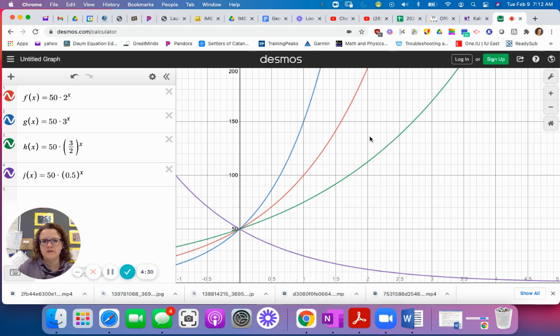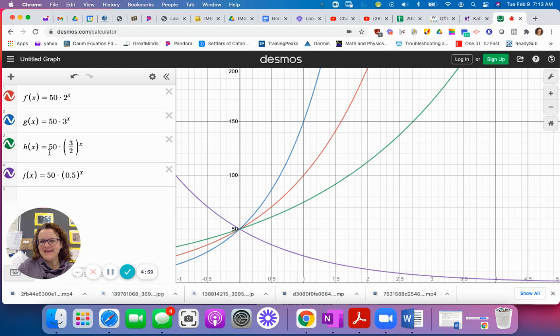At 2 years, I'm going to have 200. G of x, I'm tripling each year, so that's the blue one. At 1 year, I have 150. I can't see 2 years because it would be 450. Tripling, big. Okay, it's early.